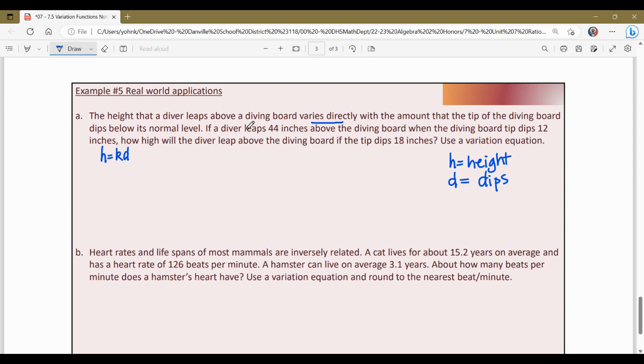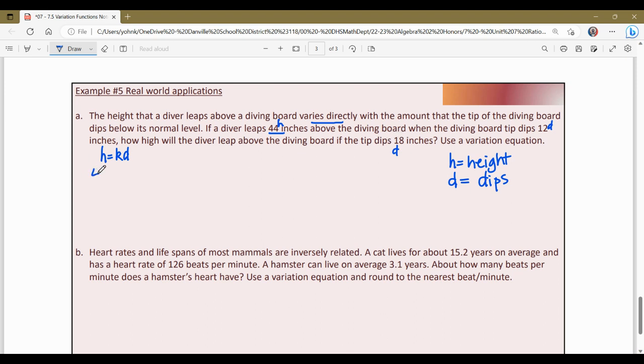If the diver leaps 44 inches above, that's an H. And when the diving board tips 12, oh, that's a D. Oh, there's a pair. How high will the diver leap above the diving board if the tip dips 18? There's your other D. So it looks like I have a 44 goes with a 12, and then I'm looking to see what goes with 18.